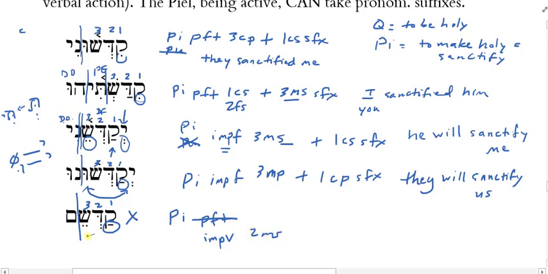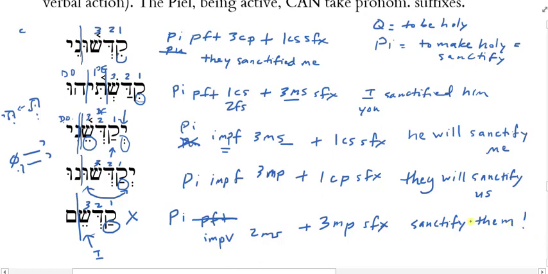And then I have an I-class helping vowel before the pronominal suffix. Which pronominal suffix is that mem at the end? Third masculine plural. 3MP. How am I going to translate this? I'm telling a single man, sanctify. Sanctify whom? Sanctify them. Okay? It's a command. That's an imperative.